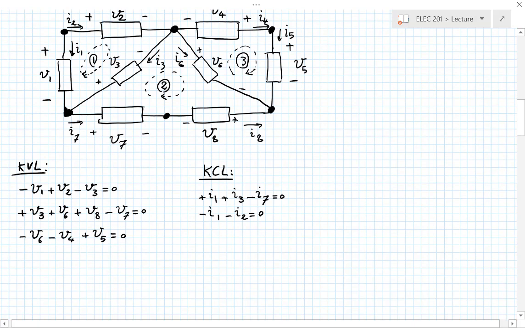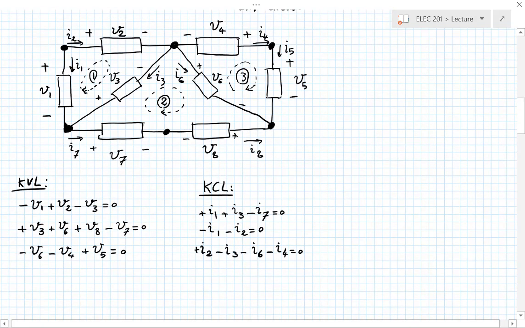So I2 with a plus sign because it's going into it, minus I3, minus I6, minus I4 equals 0. And then the node at the top right, I have I4 going into it and I5 leaving it. So I have plus I4 minus I5 equals 0.